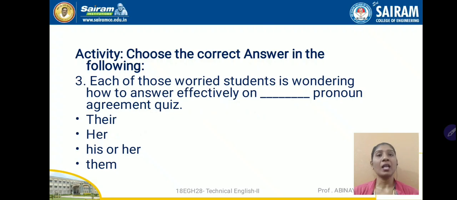Each of those worried students is wondering how to answer effectively on dash pronoun agreement quiz. So, each of those worried students, among those students, every individual, obviously it is singular.